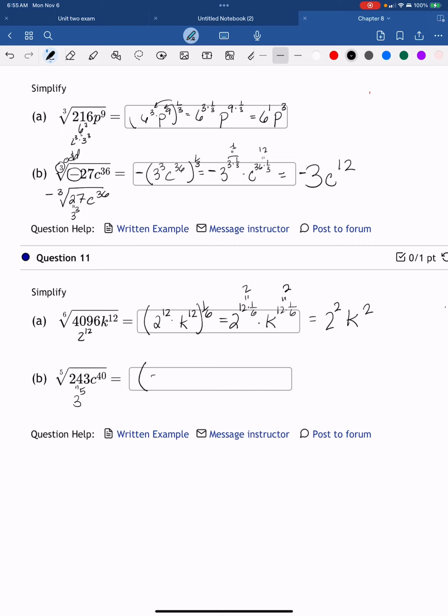So we have 3 to the 5th times c to the 40th, all to the 1/5 power. And that becomes 3 to the 5 times 1/5, c to the 40 times 1/5. And this is equal to 1, and this is equal to 8. So we'd have 5 c to the 8th.